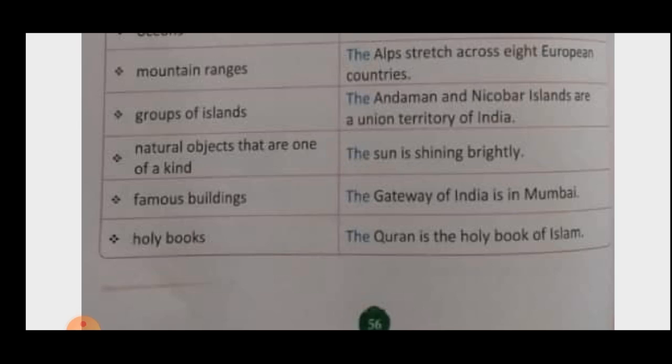And for natural bodies, which are only one and one of a kind, those natural objects, if the noun is given of those natural objects, before that we will use the.